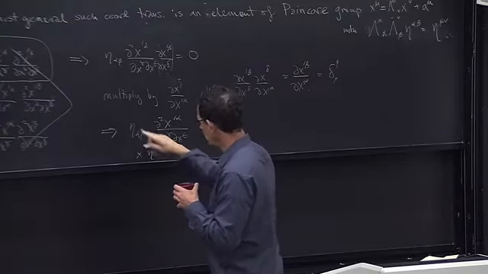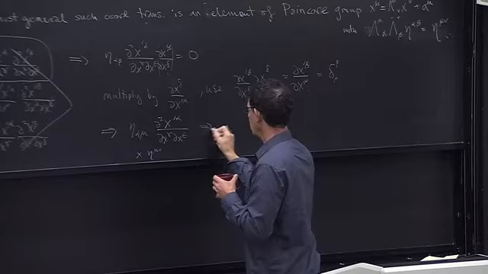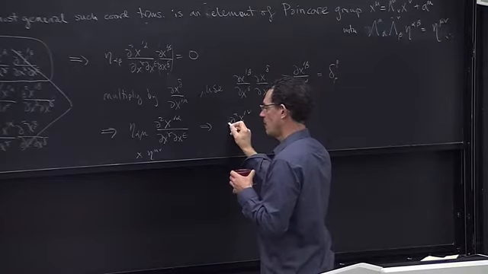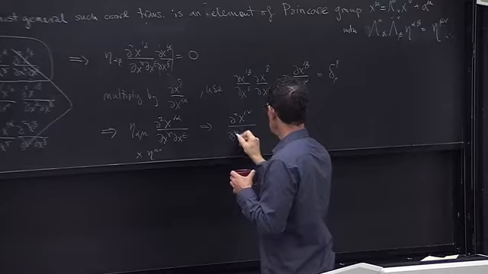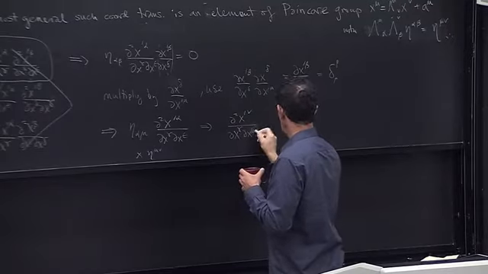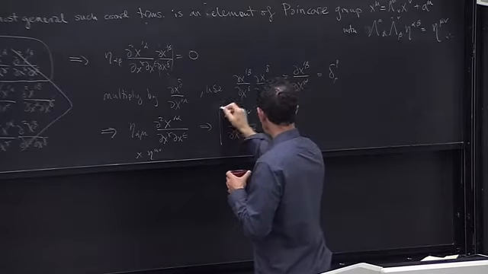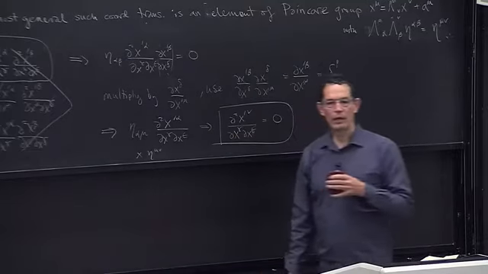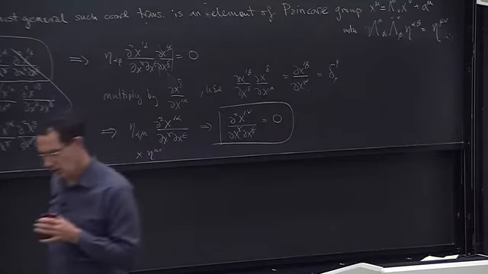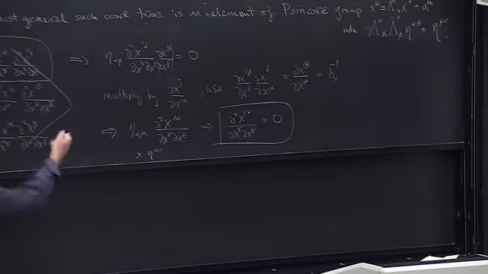And then this will give delta alpha mu, and I get d2x prime nu over dx gamma dx epsilon equals 0. Okay, so the only coordinate transformations leaving eta invariant are ones satisfying this equation.